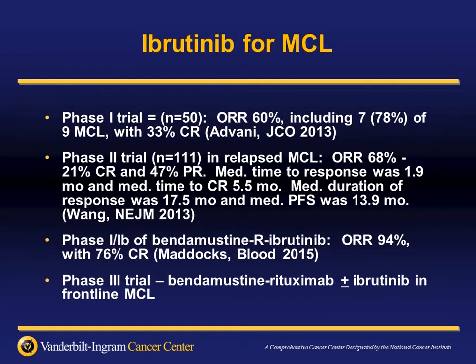And this is a phase 1b study of bendamustine plus Rituxan and ibrutinib with an overall response rate of 94% with 76% CR. And there's an ongoing phase 3 trial comparing bendamustine rituximab with or without ibrutinib for frontline mantle cell lymphoma. So there's a whole host of new agents. It's an exciting time in B-cell lymphomas.